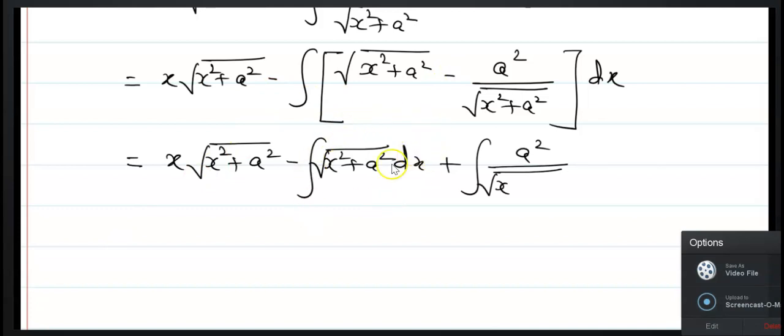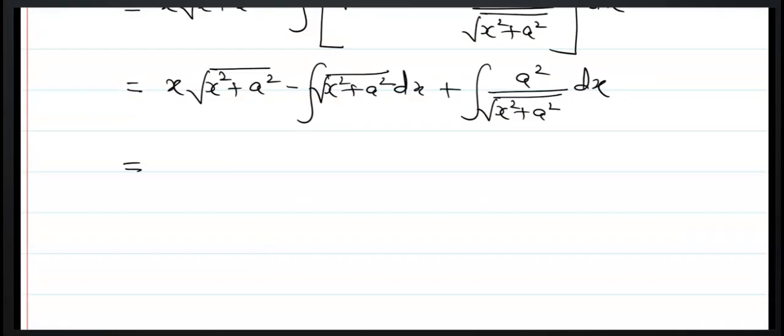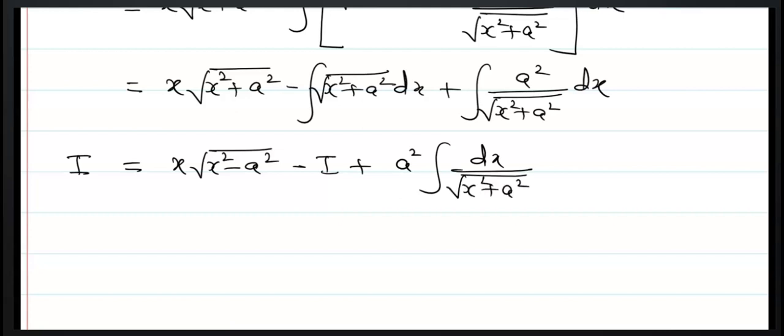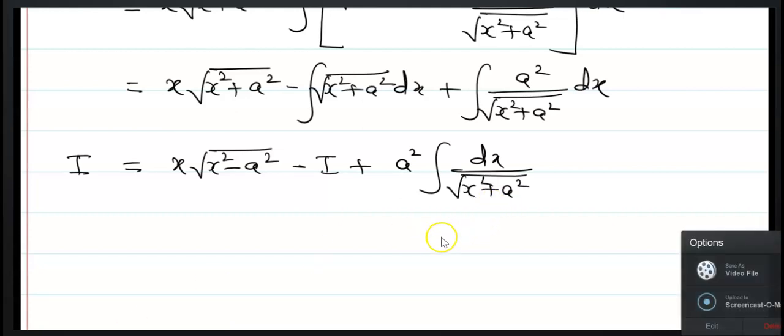Now this is nothing but the I again. x root of x square plus a square minus I plus a square integral dx upon root of x square plus a square. This minus I will become plus I on the left hand side. That is nothing but 2I.